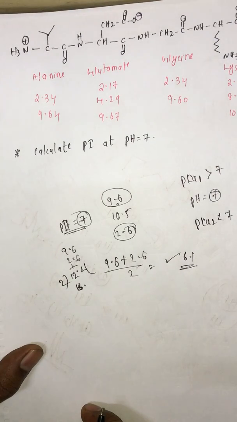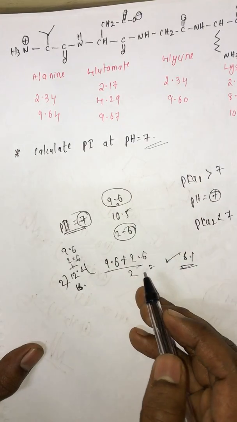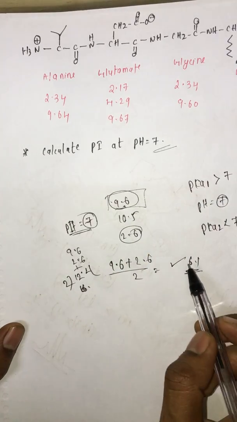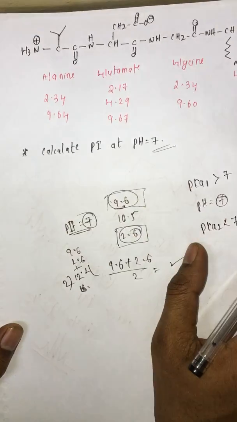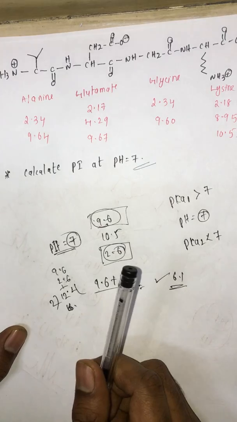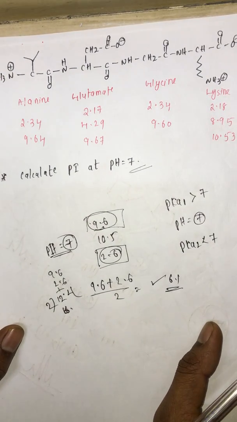Like this we have to calculate the isoelectric point when they ask for a pH. If they give 3 values, it's very easy to calculate. So we'll take one value which is higher than the given pH, another value which is lower than the given pH. But in this case they have given so many values, but don't get confused, it's very simple.